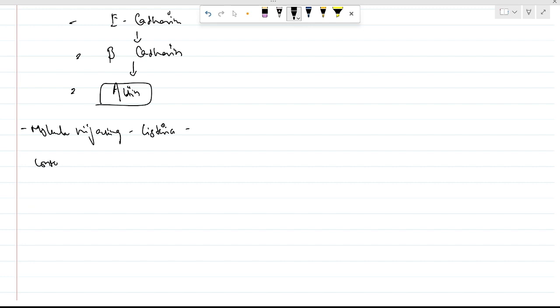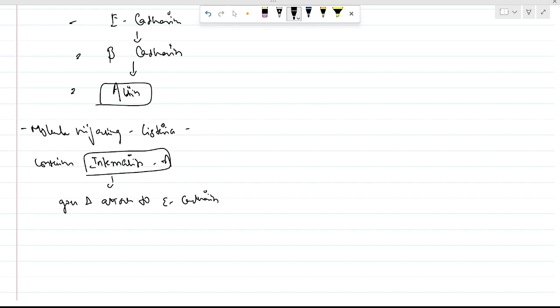It contains a protein called internalin A. This internalin goes and attaches to cadherin, which is the primary protein seen above in this arrangement.